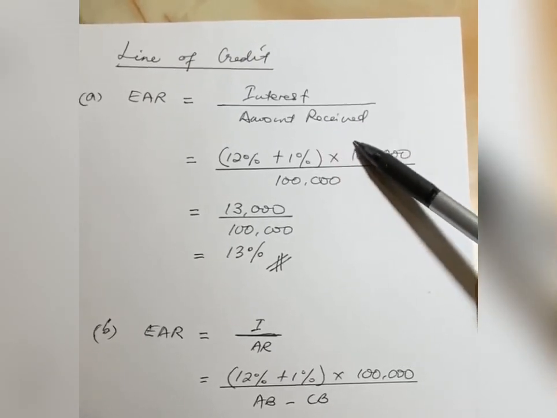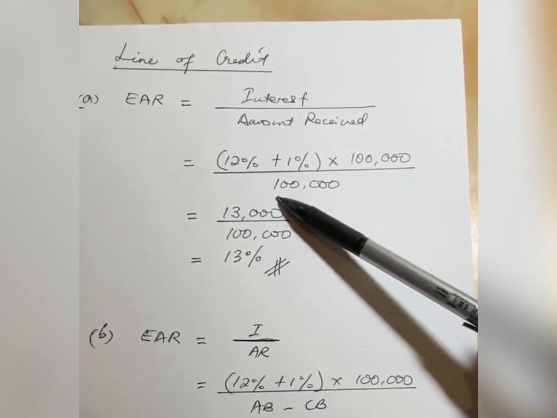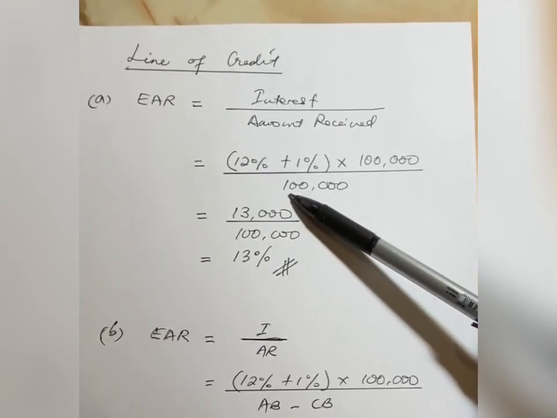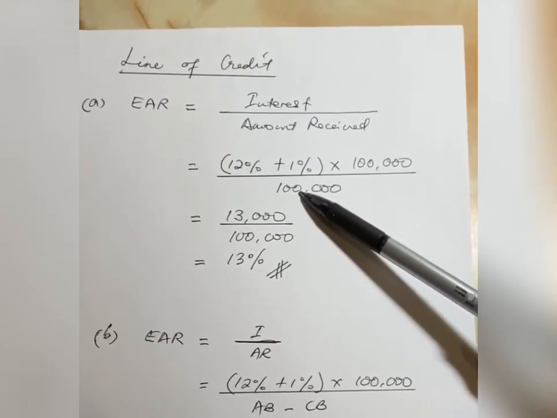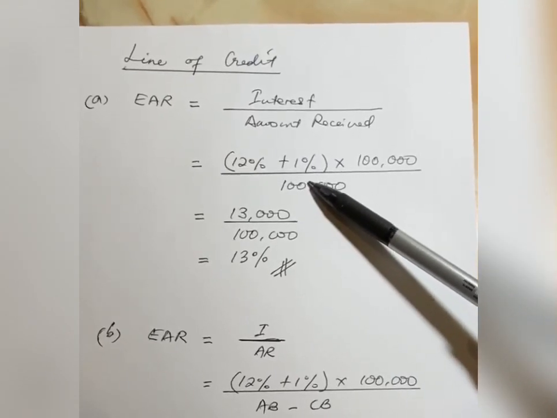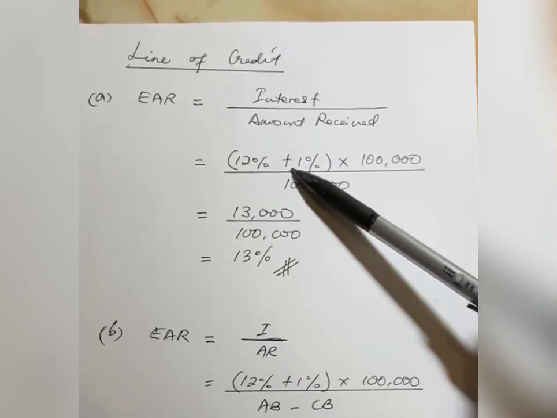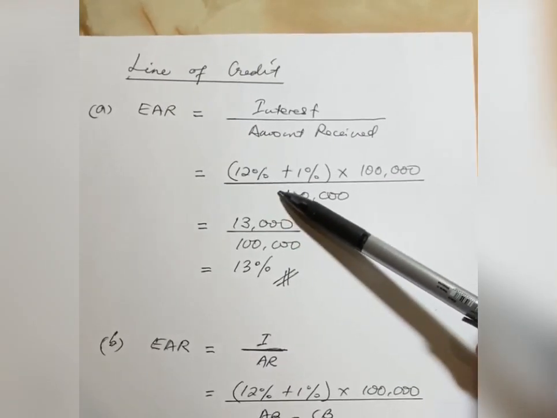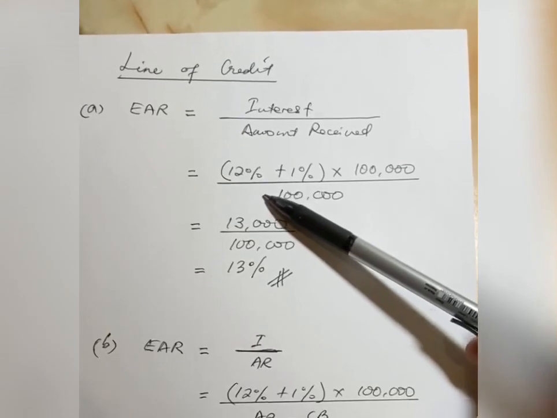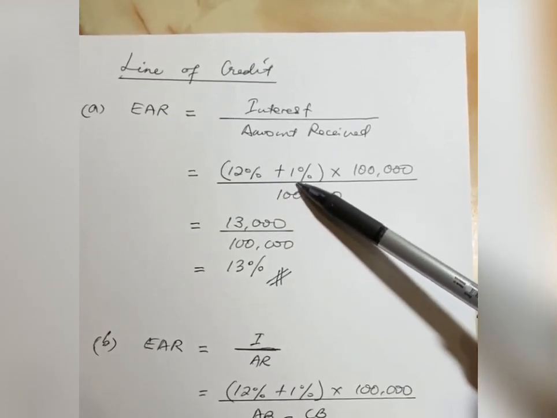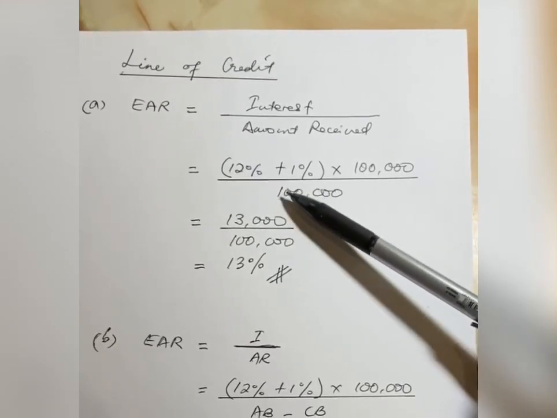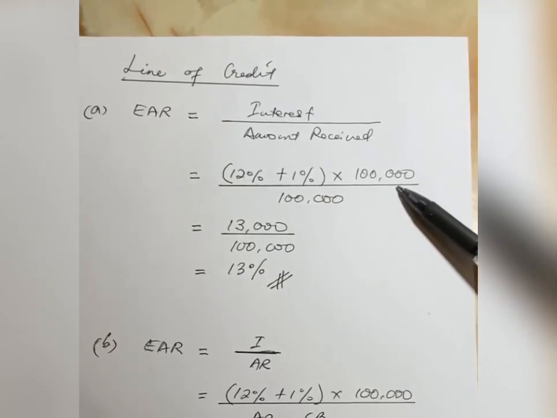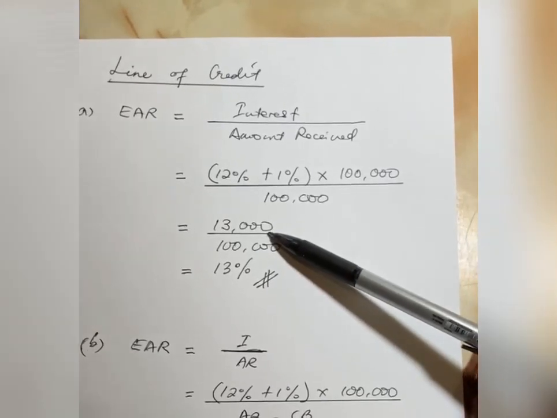The prime rate is 12%, but the interest for this type of loan is 1% above the prime rate. So you have to add the 1% to the 12%. So 12 plus 1 is 13%. The interest will be 13% times the amount borrowed of 100,000, which is 13,000, over the amount borrowed of 100,000.